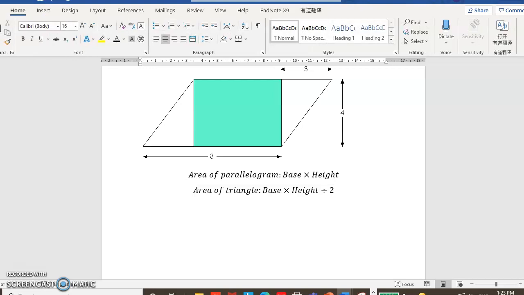And in that case, what we have to calculate now is the middle part. So the shaded part would be the area of the parallelogram minus 2 times the area of the triangle.